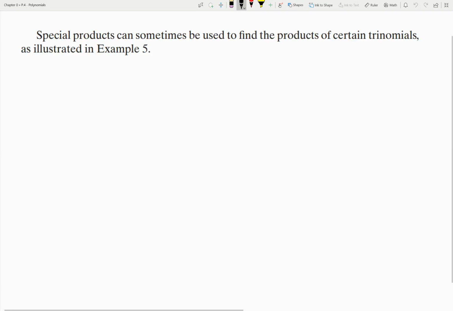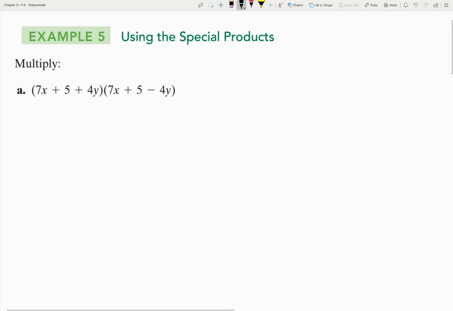Sometimes special products can be used to find the products of trinomials, as in our next example. Okay, so look at this very carefully. If we wanted to, we could go 1, 2, 3, 4, 5, 6, 7, 8, 9, distributing all of these terms to all of the other terms, and then combine them.